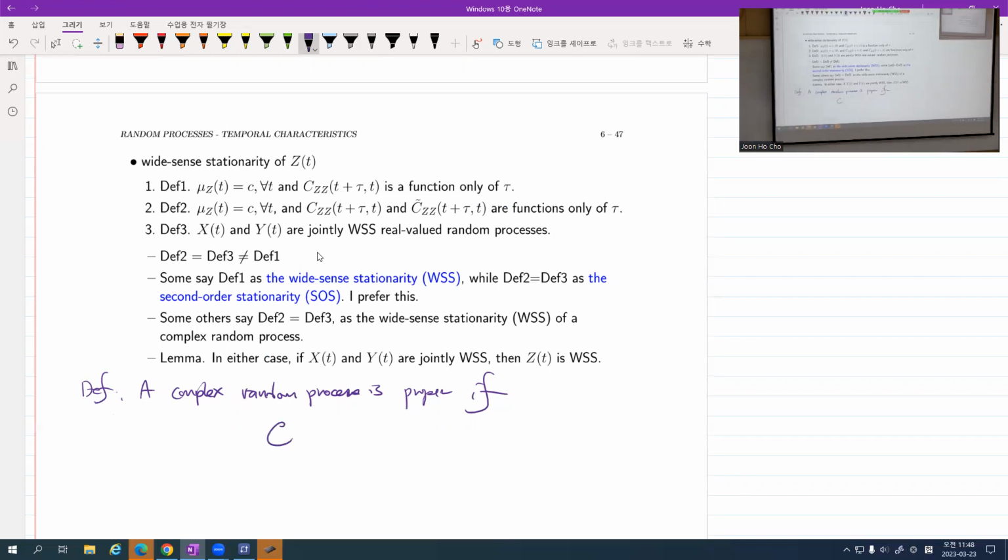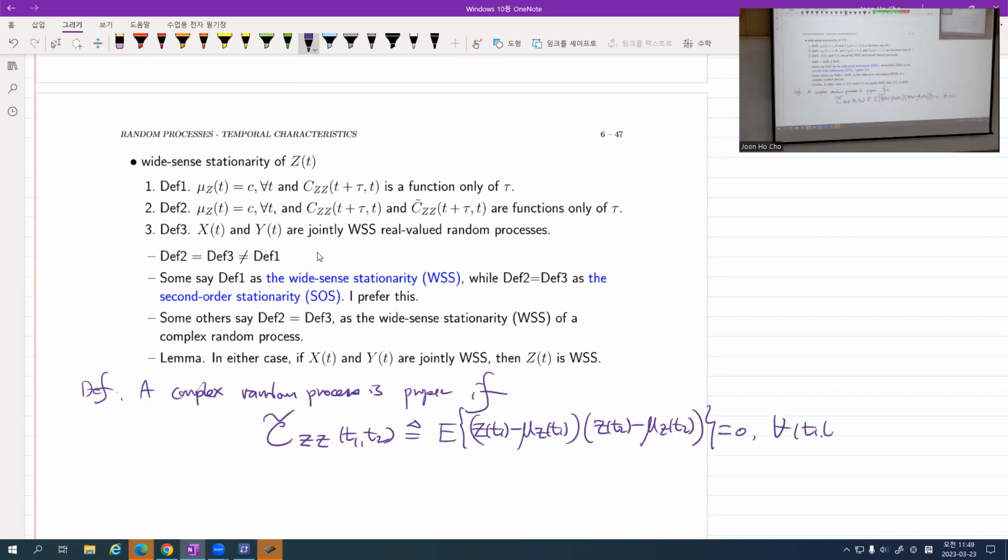If the complementary covariance function, defined as the expectation of z of t1 minus mu sub z of t1 times z of t2 minus mu sub z of t2, no conjugation, equals 0 for all t1 and t2.